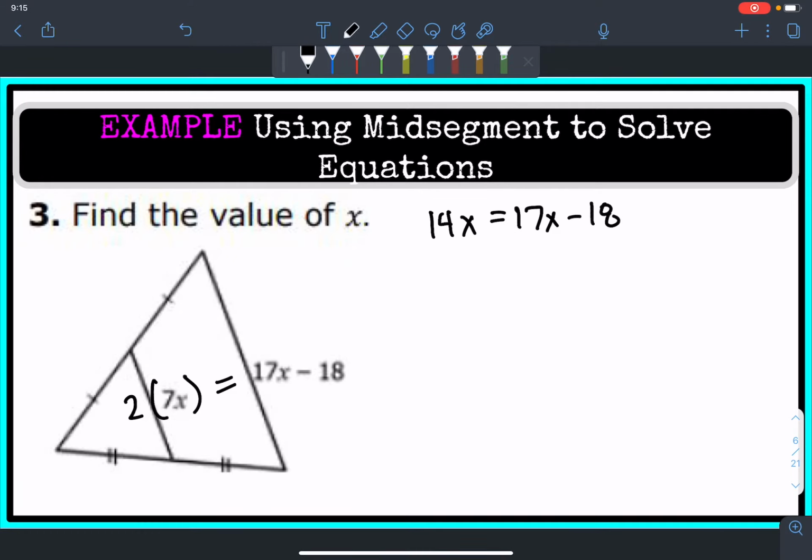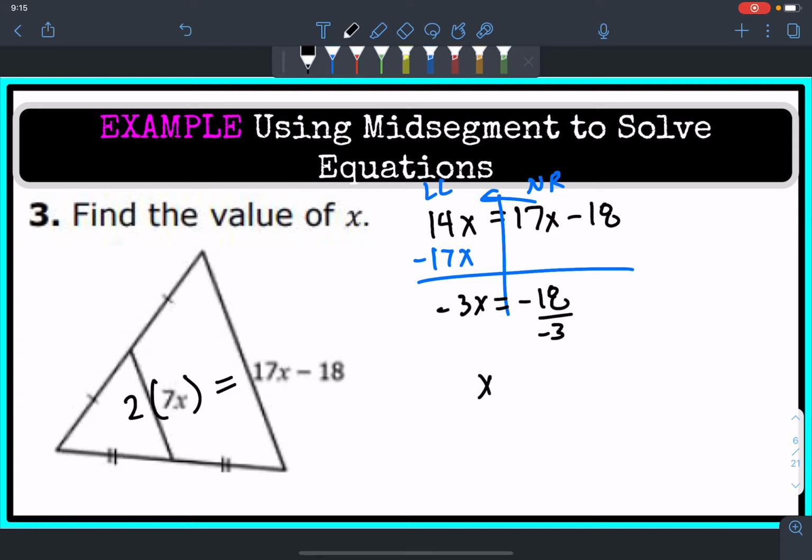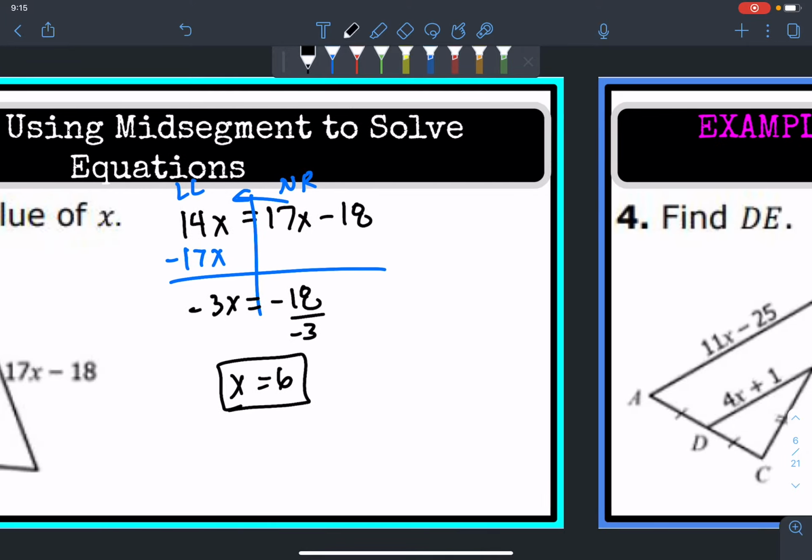And then solving this equation, with letters to the left and numbers to the right, we would move the 17 over, making it negative 17. And we have negative 3x is equal to negative 18. Then dividing by negative 3, x is equal to 6. So that is the solution to this equation.